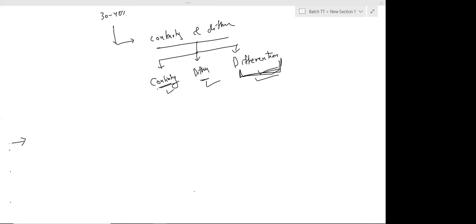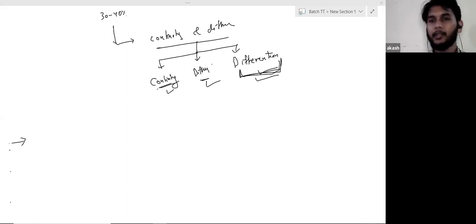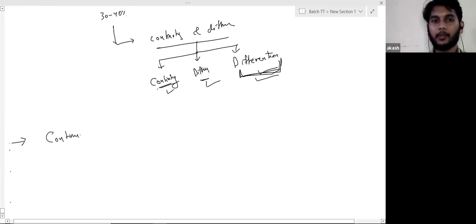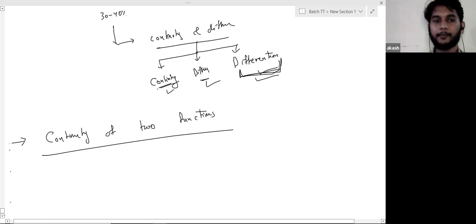All right. So we completed continuity, right? Most types of questions we have completed. Today this is the last topic of continuity. Then we can start differentiability. Write down continuity of a function or continuity of two functions.